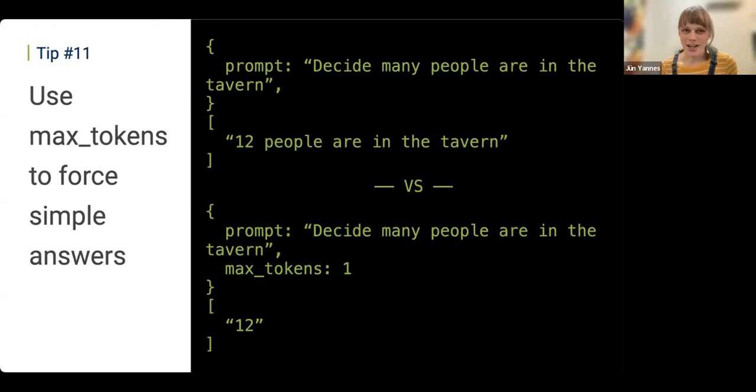One of the things that comes in handy a lot of the time is if you are expecting a specific format that includes a very specific number of tokens. Like if you're looking for just a number, like in this example, you can set max tokens, and that limits the amount of tokens that you get back from your response.